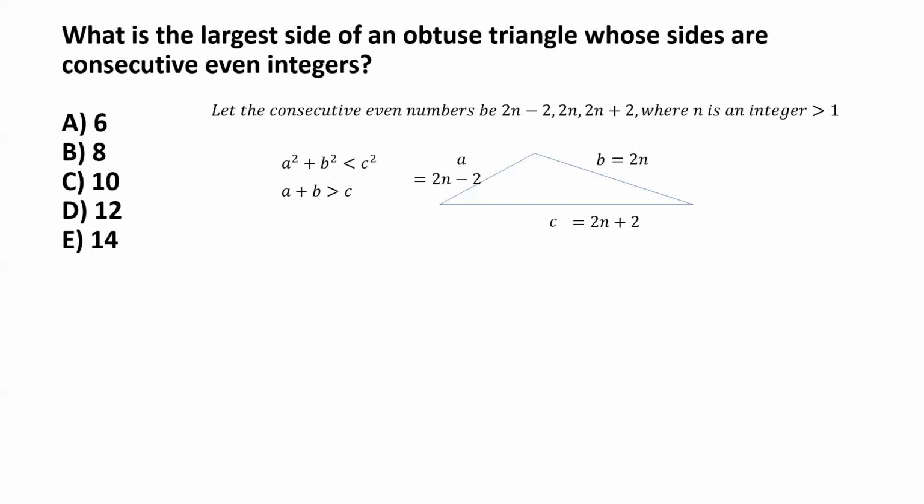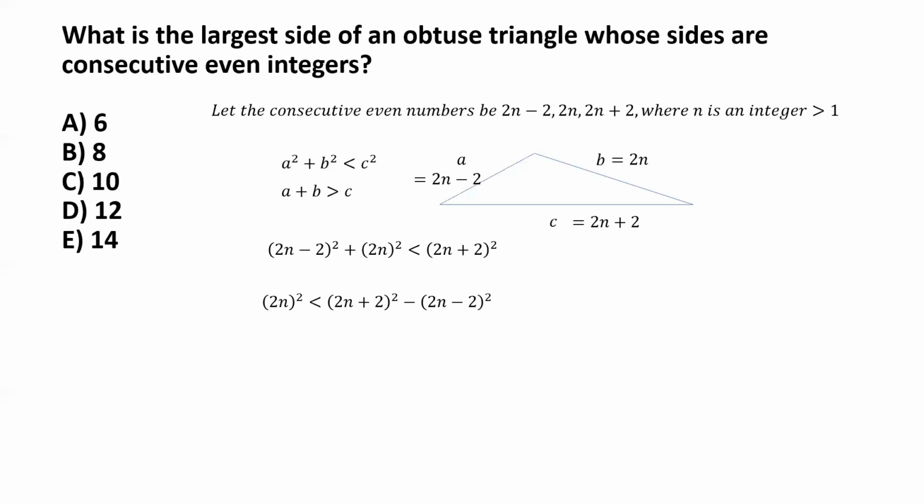So we basically have a square plus b square less than c square. So a is 2n minus 2, so we have 2n minus 2 whole square. B is 2n, so we have 2n whole square. And then c is 2n plus 2, so we have 2n plus 2 whole square on the right hand side. And then from this we can obtain 2n whole square less than 2n plus 2 whole square minus 2n minus 2 whole square.